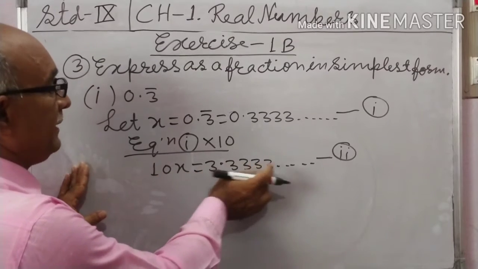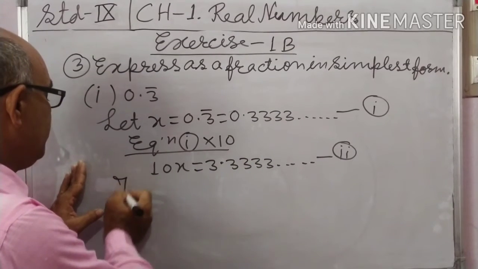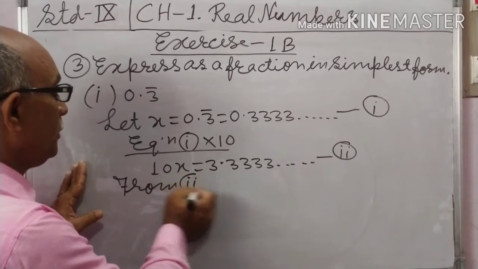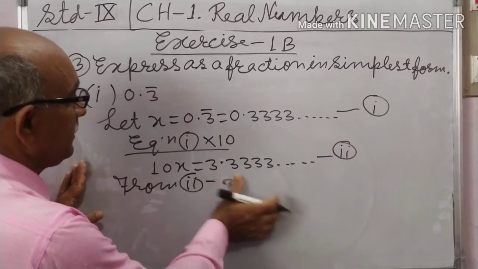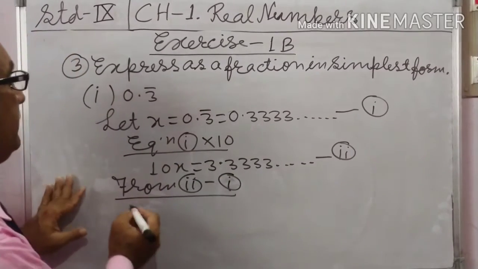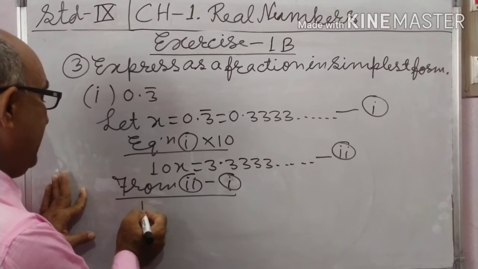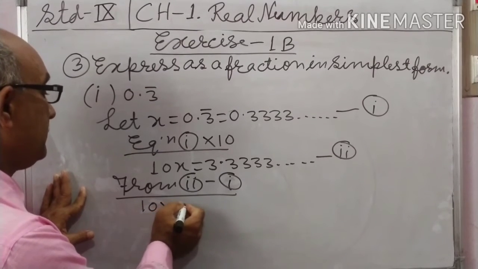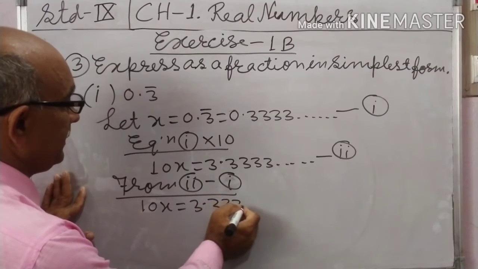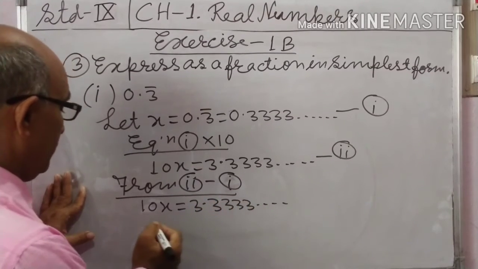So 3.333 from, equation 2 minus equation 1. Subtract it. 10x equal to 3.333 dot dot dot.